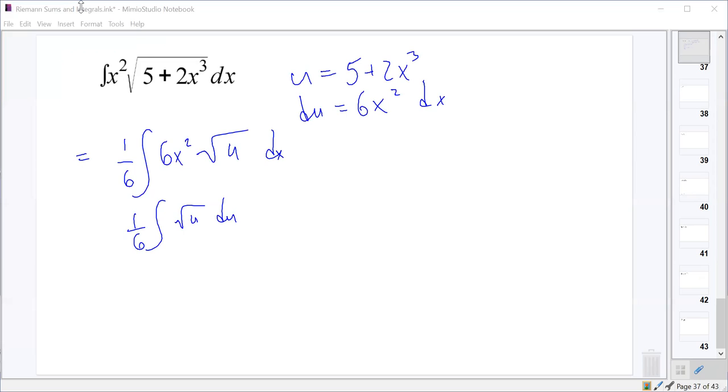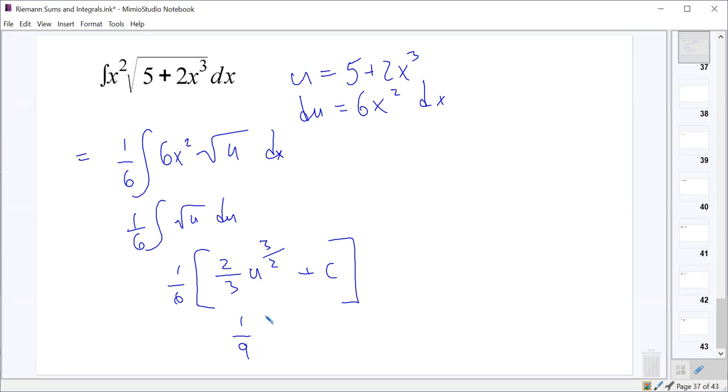And so what's the integral of u to the 1/2? Should be 2/3 u to the 3/2 plus our constant. And what does that give us? 1/9, and then u was 5 plus 2x cubed, to the 3/2 plus our constant.